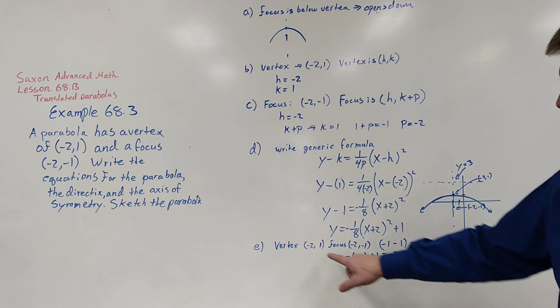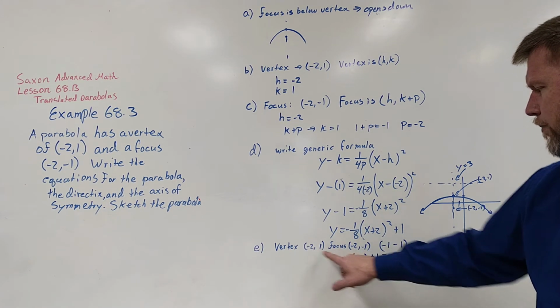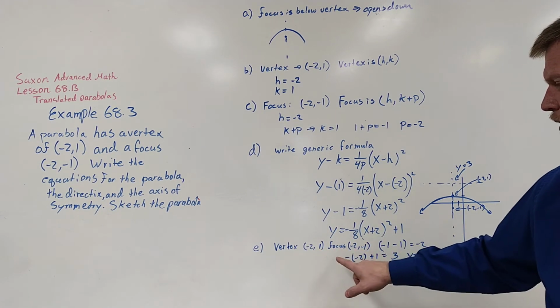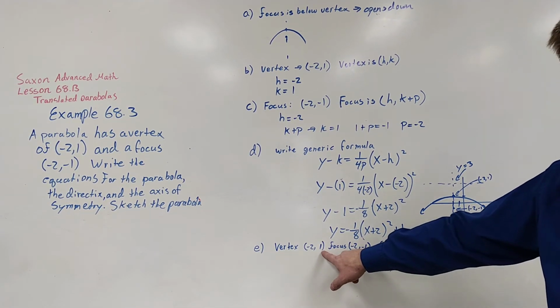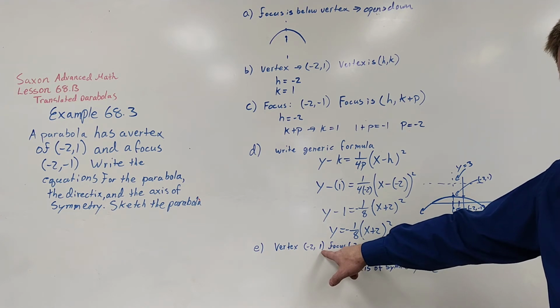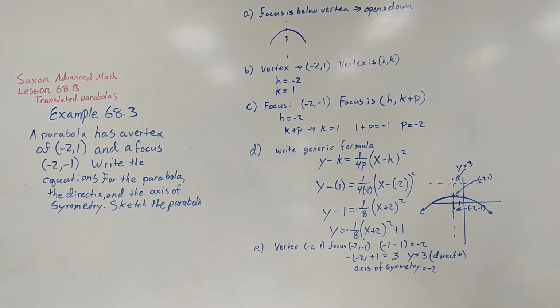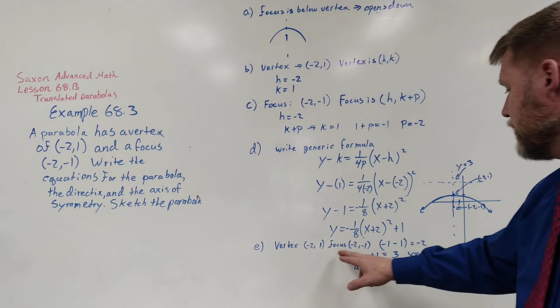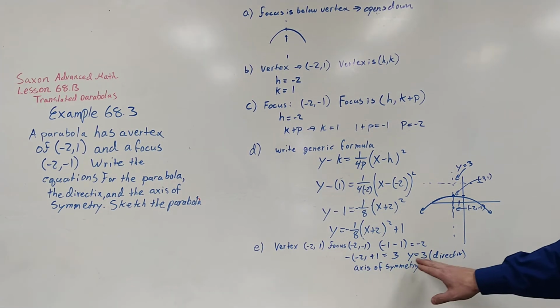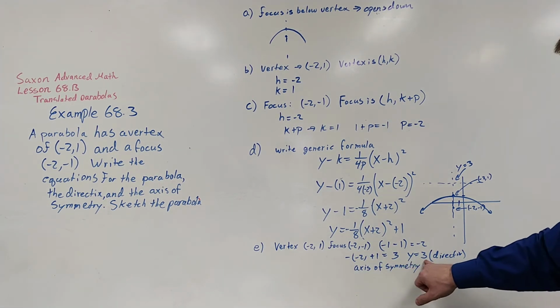If the vertex and the focus are both at x equals -2, with y values of 1 and -1, how far apart are they? How far apart is -1 from +1? 2. So the directrix is going to be 2 more away from my focus, and we're going to use that in just a moment. My directrix is going to have to be at 3.